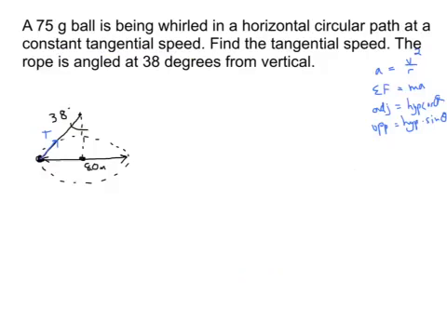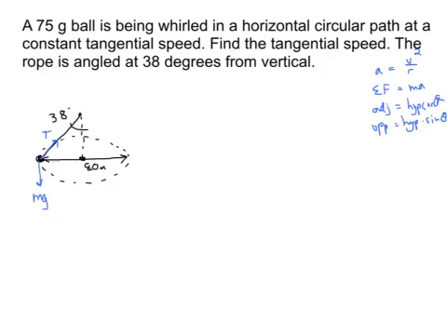Okay, what other forces besides tension are on the ball? There's gravity pulling down, like that. And those are the only two, right? Tension and gravity. Now here is the interesting thing. When we have circular motion problems, we can kind of work backwards. Here's what I mean.